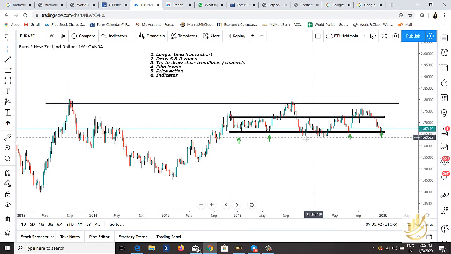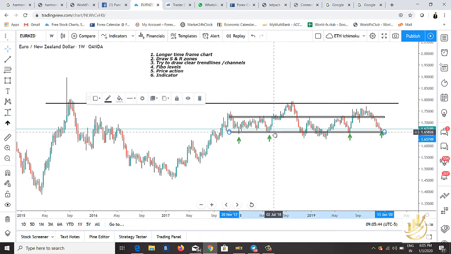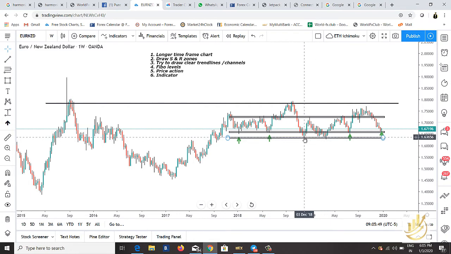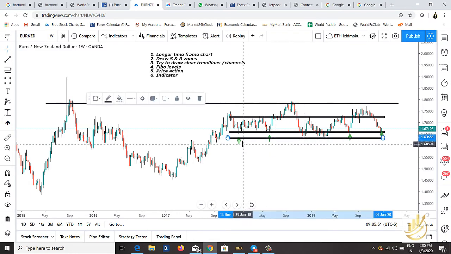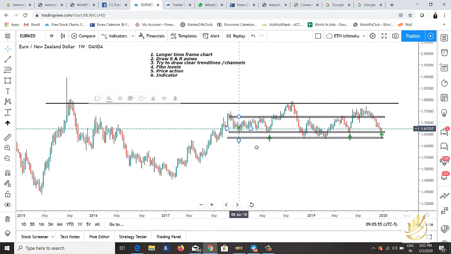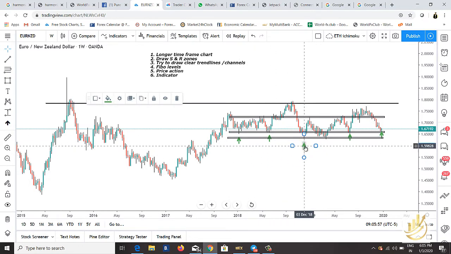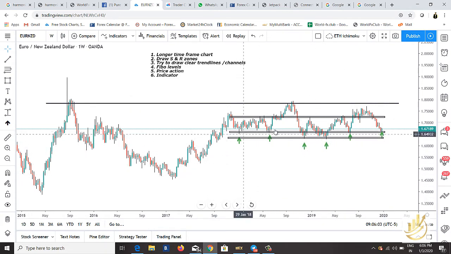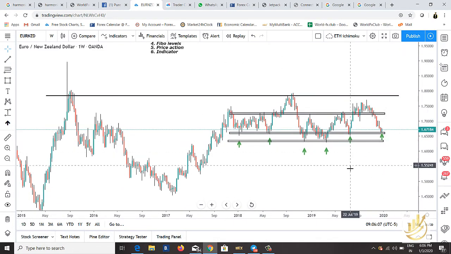And I think this is also a support, so I'll draw one more support line because of these two, and draw arrows here and here. So we know that these are key areas where we can see opportunities to go long.